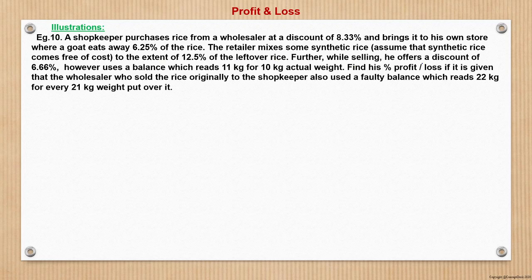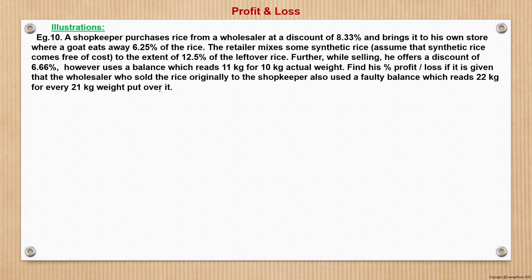Further, while selling, he offers a discount of 6.66%. However, he uses a balance which reads 11 kg for 10 kg actual weight. Find his percentage profit or loss if it is given that the wholesaler who sold rice originally to the shopkeeper also used a faulty balance which reads 22 kg for every 21 kg weight put over it.